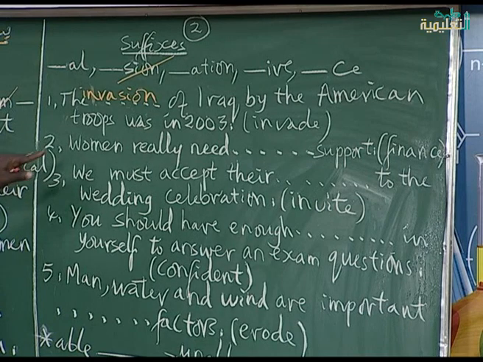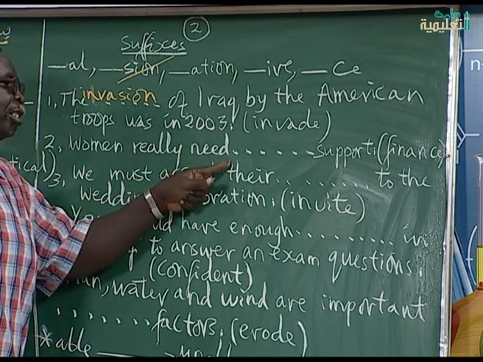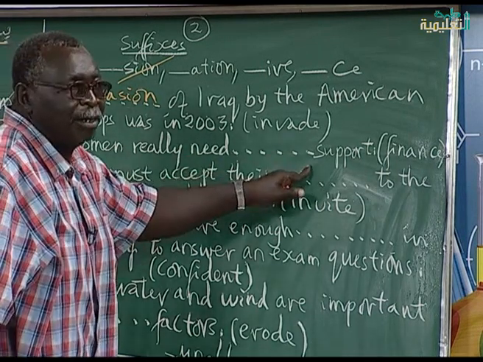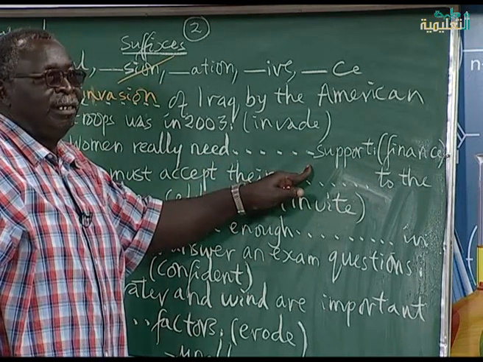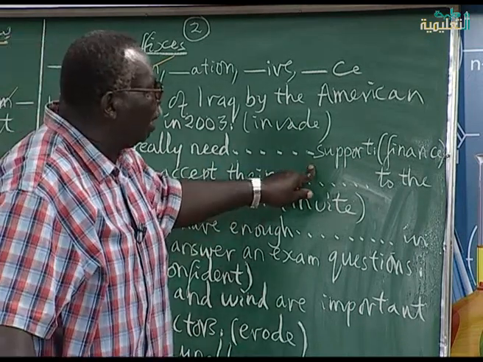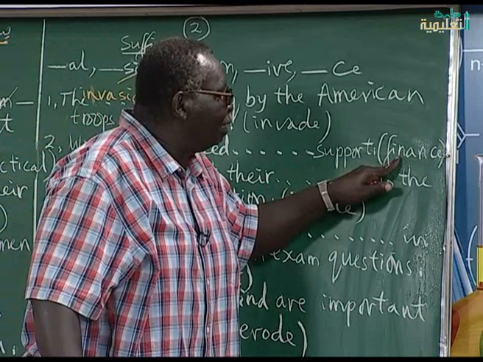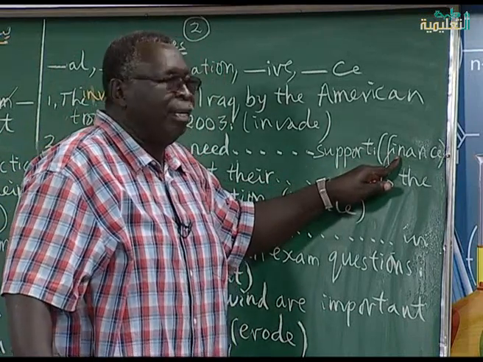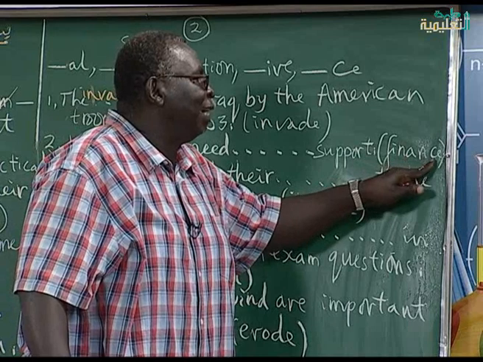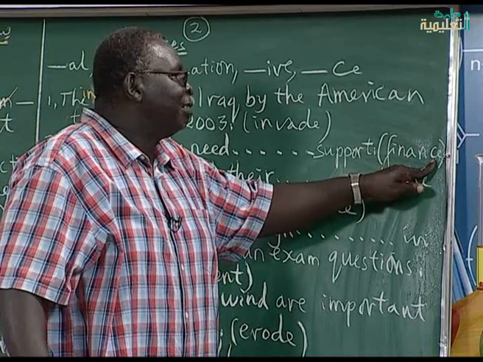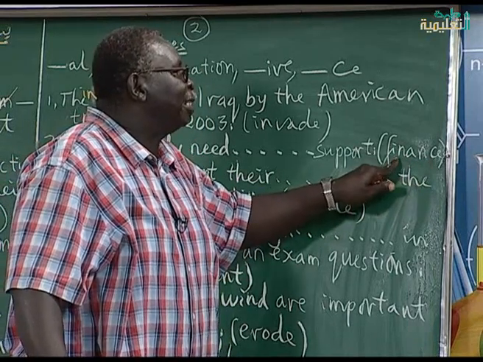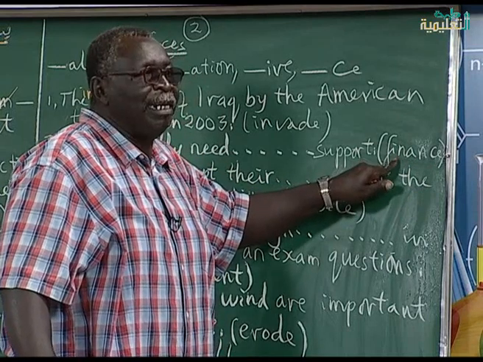The next one: women really need dash support. The word that we have between two brackets, I hope you can see it clearly, is finance. Finance, in this case, can be a noun or a verb.